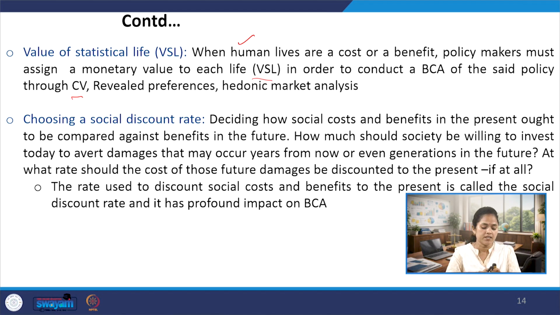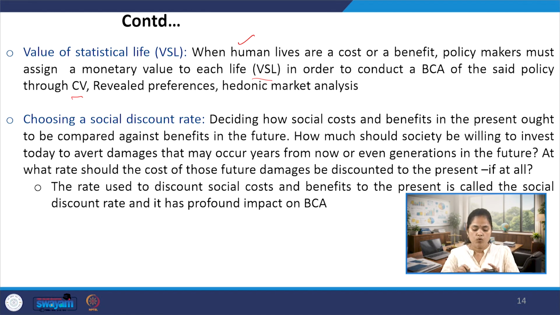Okay, so this is really a very challenging question, the social discount rate. So what is this social discount rate? That means deciding how social costs and benefits in the present ought to be compared with the benefits or costs in the future. Okay, so that is what is known as the rationale for choosing the social discount rate.